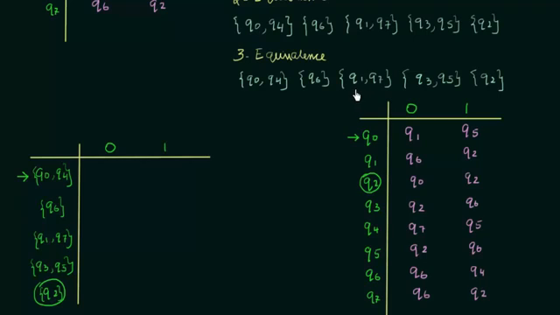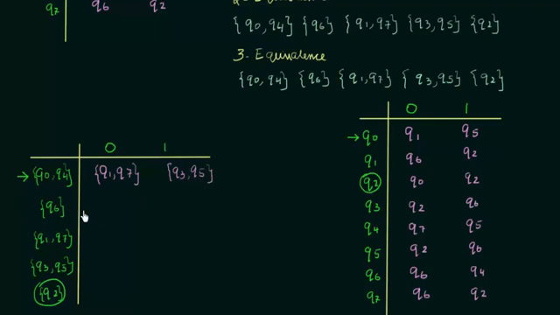So what is Q1 in my new state? In my new state, Q1 is the state Q1, Q7. So instead of Q1, I will write Q1, Q7. Okay, and on getting input 1, where does it go? It goes to Q5. And instead of Q5, what I have to write is Q3, Q5. The state that contains Q5 is Q3, Q5.